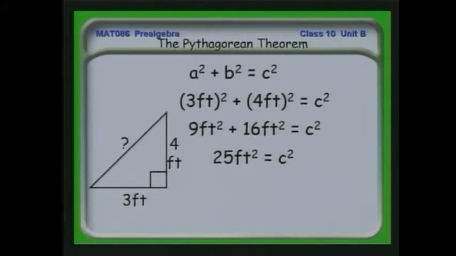But we want C. So we need to take the square root of both sides. The square root of 25 square feet is 5 feet. The square root of C squared is just C. So we have the length of the hypotenuse is equal to 5.